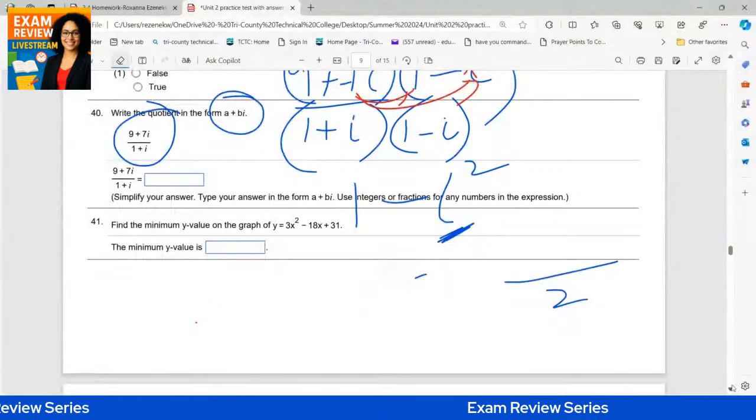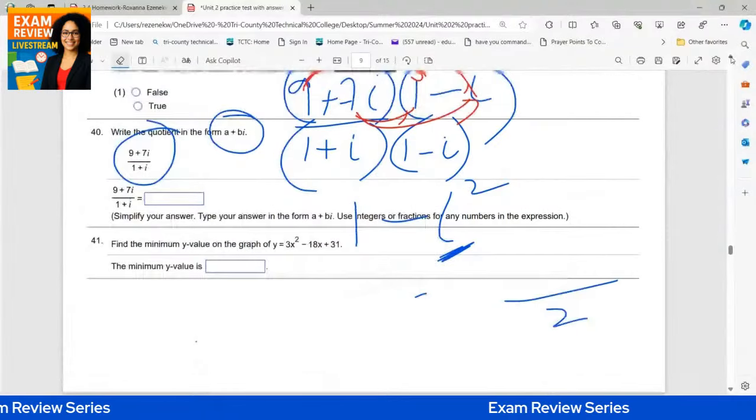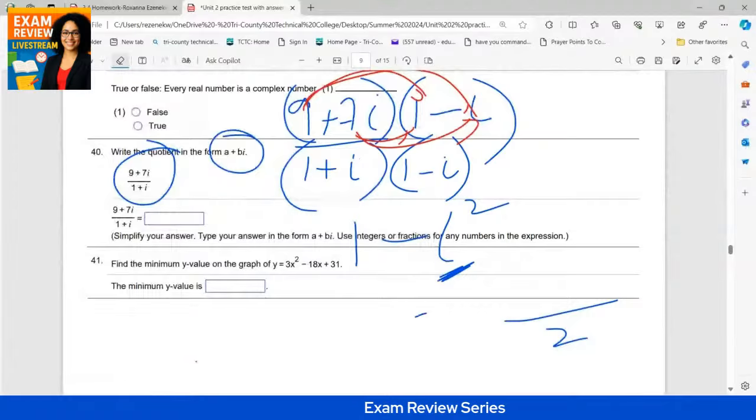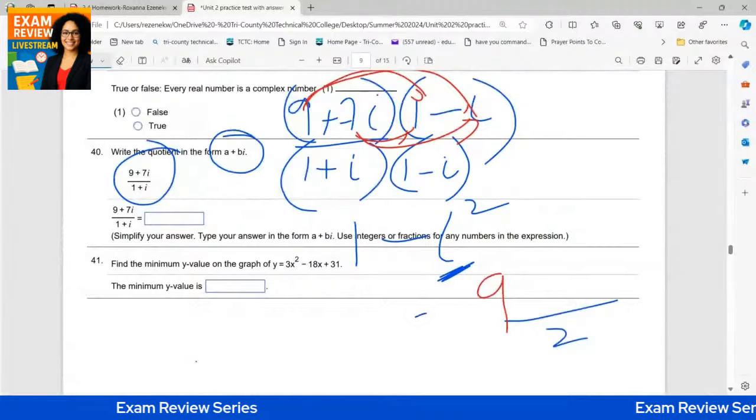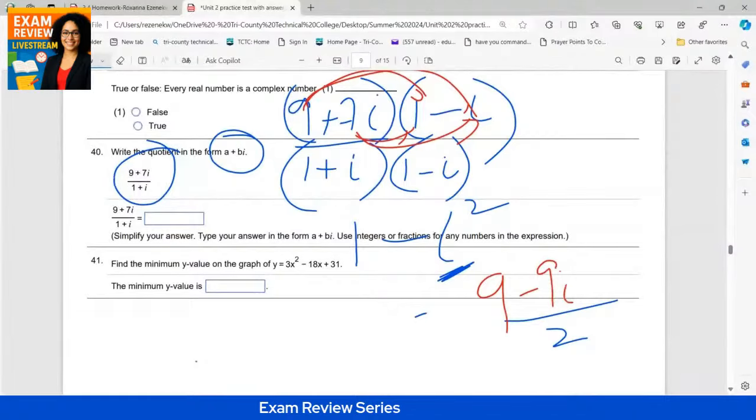All right, so I have 9 multiply 1 is 9. 9 multiply negative i is negative 9i. 7i multiply 1 is 7i.